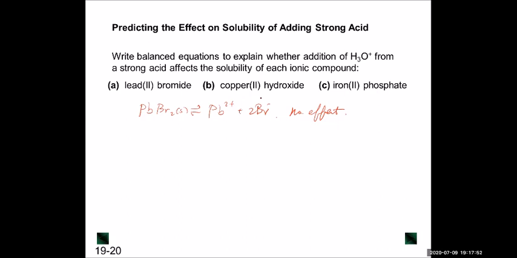As we know, HBr is a strong acid. So since the base is so weak, it won't react with the acid. It's a very weak base because it comes from a very strong acid, HBr, hydrobromic acid.